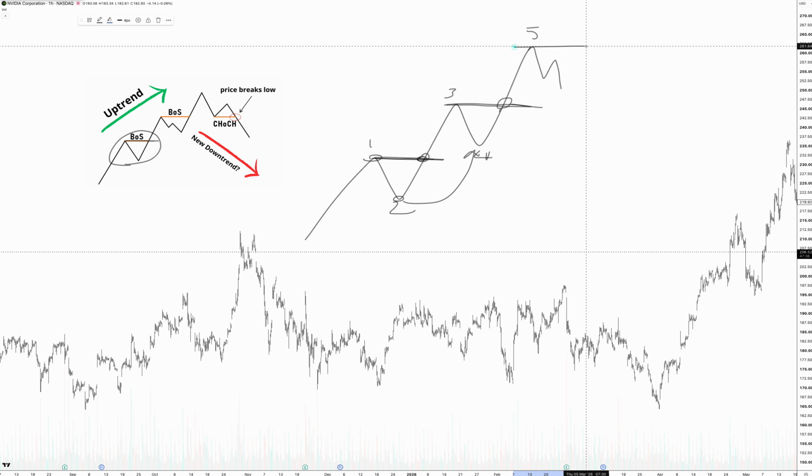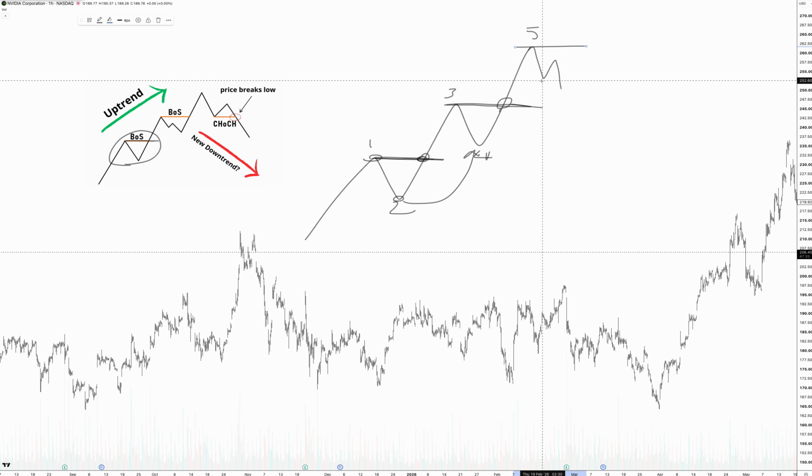We get a higher high, but we don't get a higher low. So our higher low is there, and the moment it breaks that higher low within the trend, we are likely, even wave 3, it could be wave 3 or wave 5, we're likely to get a corrective wave or a reversal. So we look at this change of character.